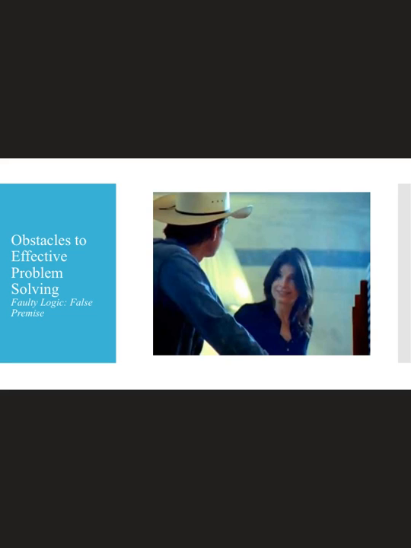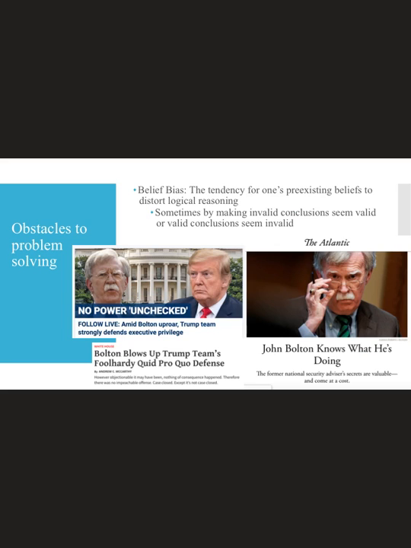But another example of an obstacle to problem solving is belief bias. Now, this example maybe is a little dated, but you could think about the current election and whether or not individuals are choosing to accept results, or if they're saying that there has been fraud.